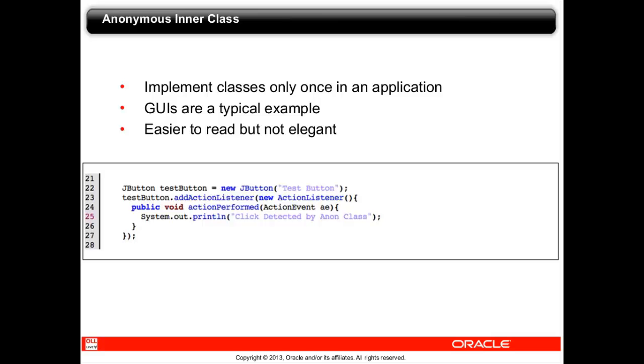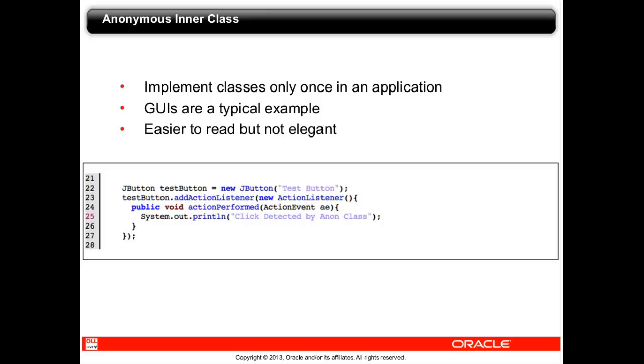For example, I have a button here in a Swing application. I'm setting up a button, and then I'm setting up what to do when you click on the button. I set that up here, doing a new action listener. Notice that I'm basically setting up a class in there where I'm implementing the one method.